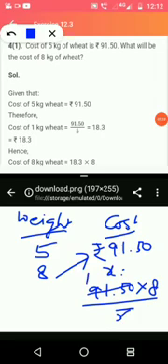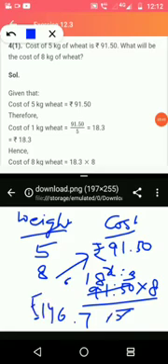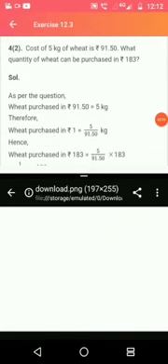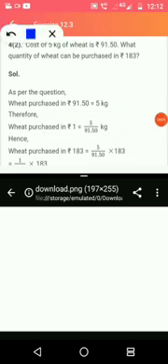So 5 1s are 5, 5 6s are 41, 8 5s are 40. 0.15, 5 3s are 15. 8 3s are 27, 8 is a 64, 65, 66, 8 1s are 8 and 6, 14, 146.7. 146.7.